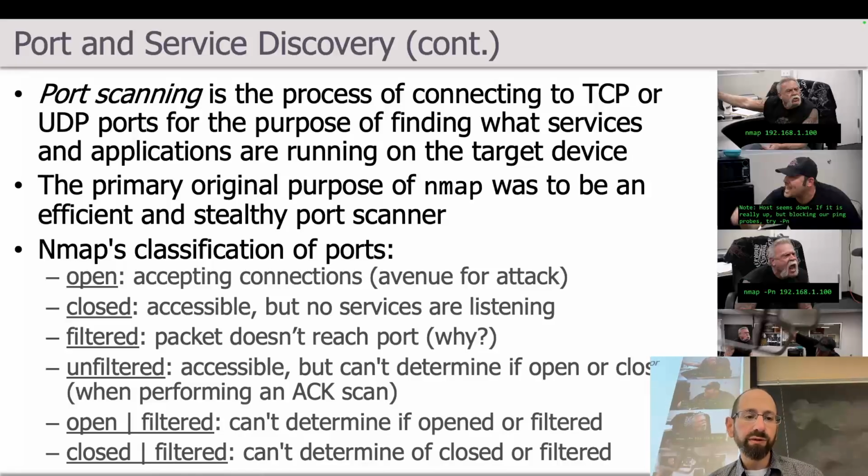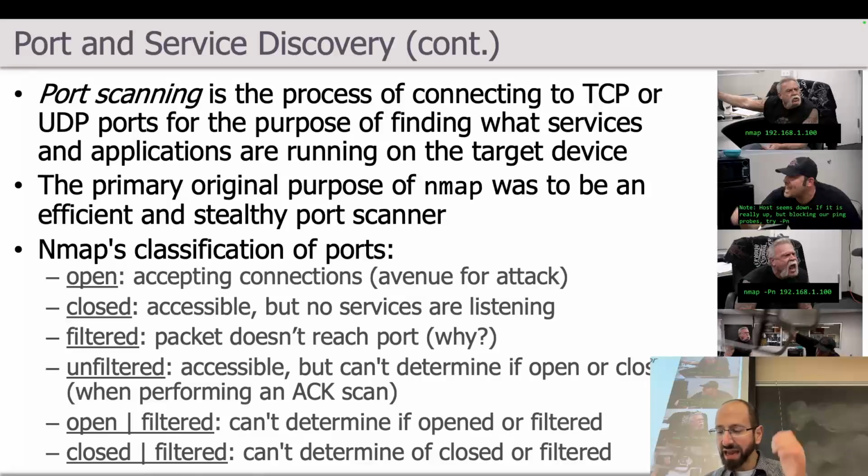I list here some of the classifications of the state a port can be in. One thing I should mention is that these are not really official networking terms. These are really just Nmap's perspective as to what state a port can be in. It's still useful, at least those first three states.